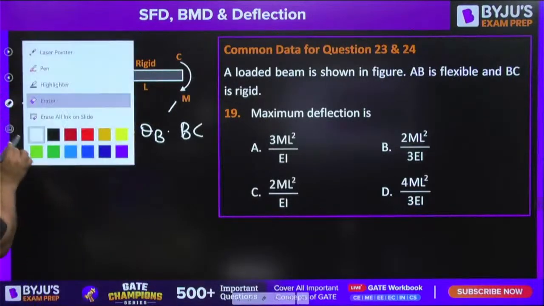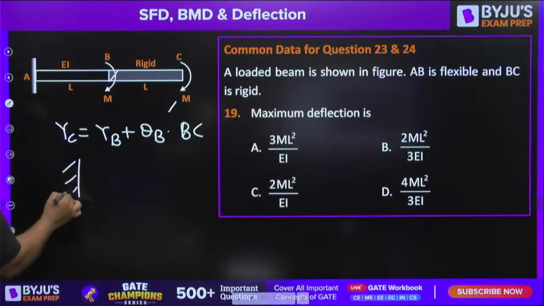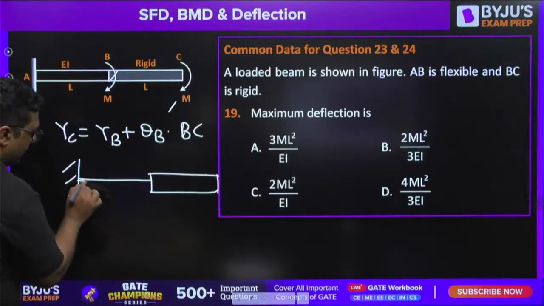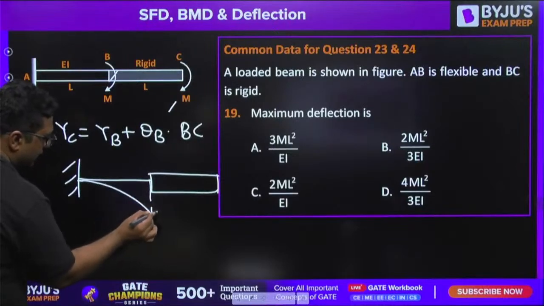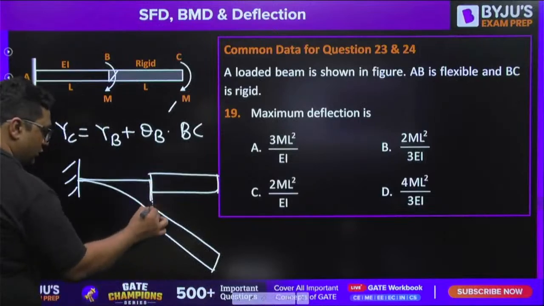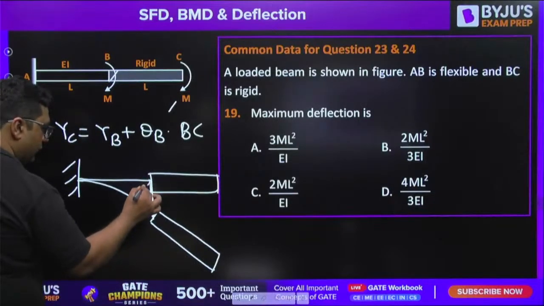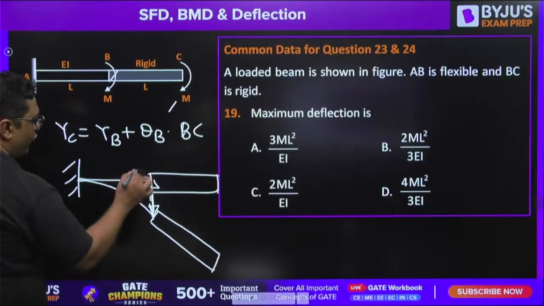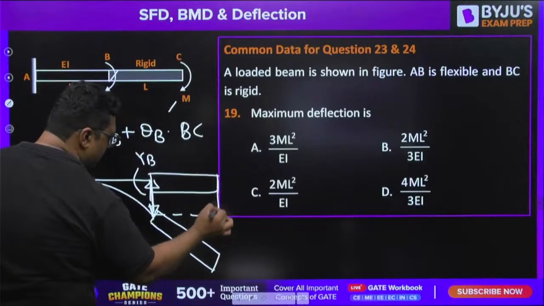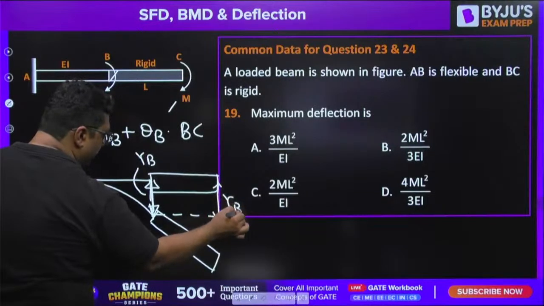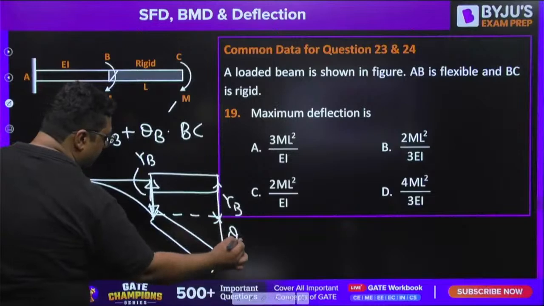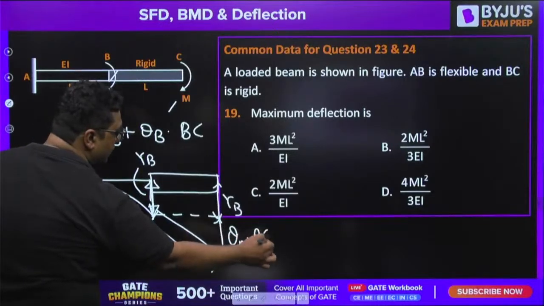So in this case, you will have deflection like this, like this. After that, it will remain like this. So this will be deflection of B, deflection of B, theta B into BC.